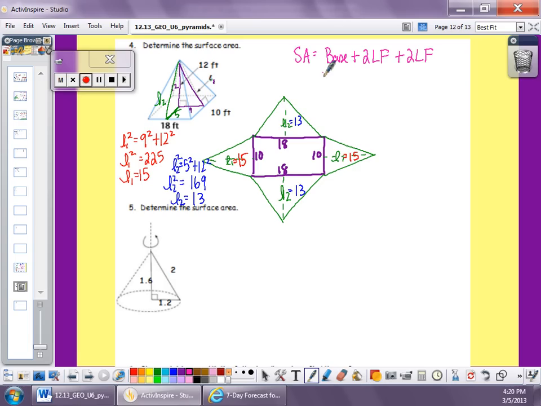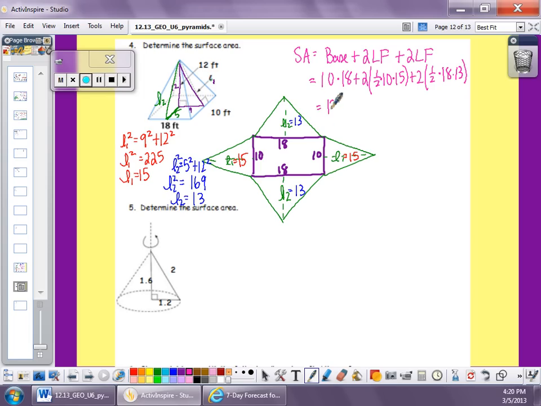So my base is 10 times 18 plus 2 times 1/2 times 10 times 15. That is for this one and this one. Plus 2 times 1/2 times 18 times 13. This one is for the top and the bottom.